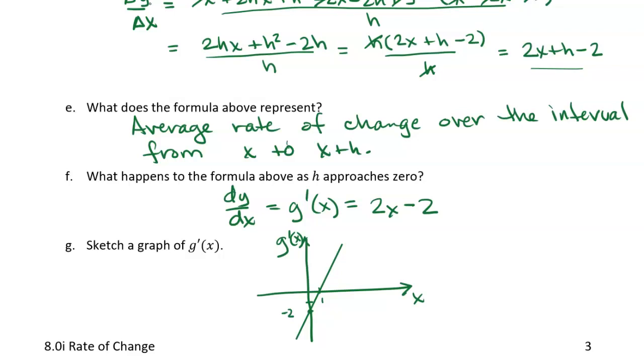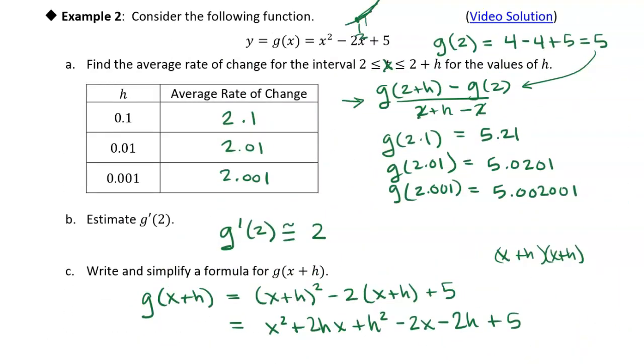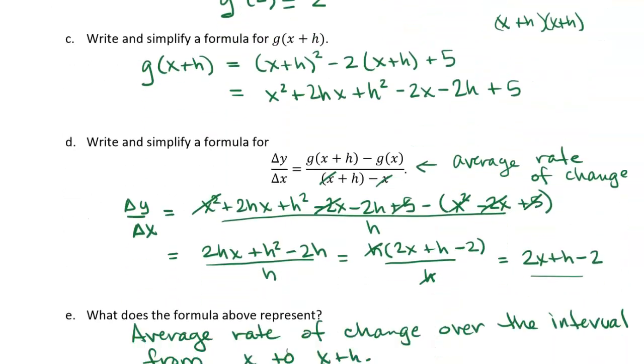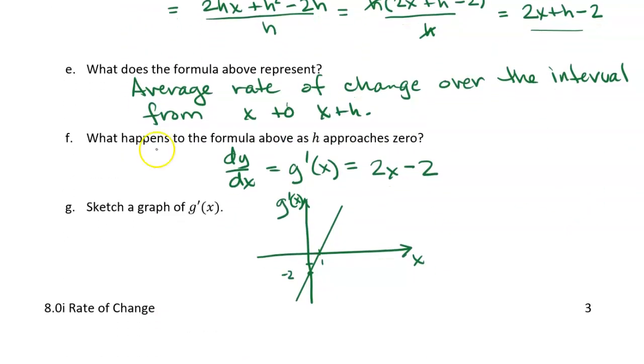Our original function was g of x equals x squared minus 2x plus 5. And so now we have the derivative of the function as a function, so we can find the instantaneous rate of change anywhere on that function. All right, I will meet you in the next video.